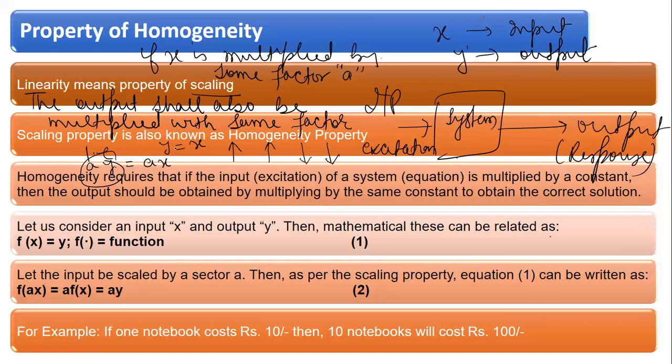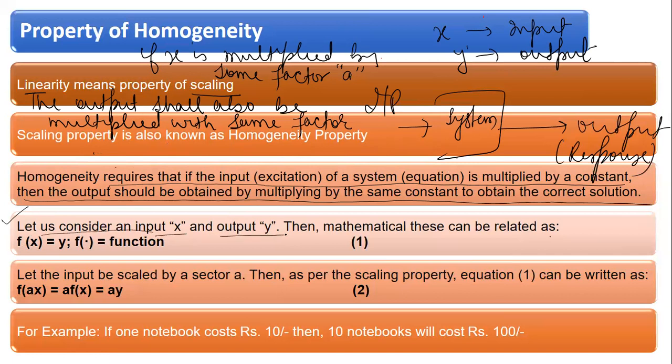So let us read these lines. Homogeneity requires that if the input of a system is multiplied by a constant, then the output should be obtained by multiplying the same constant to obtain the correct solution. So let us understand this with an equation. Let us consider an input x and the output y. Then mathematically these can be related as y = f(x), where f is basically a function.